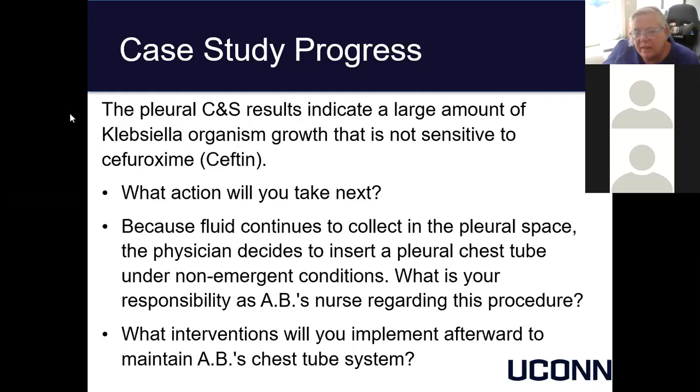But particularly with a hemothorax, are they continuing to hemorrhage? Is that blood continuing to be bright red, fresh blood? You want it to slow down, whether it's after surgery or because of a trauma. You don't want them to continue bleeding. So we want that drainage to decrease over time. Does that make sense? Yes, it does. Thanks. Okay.